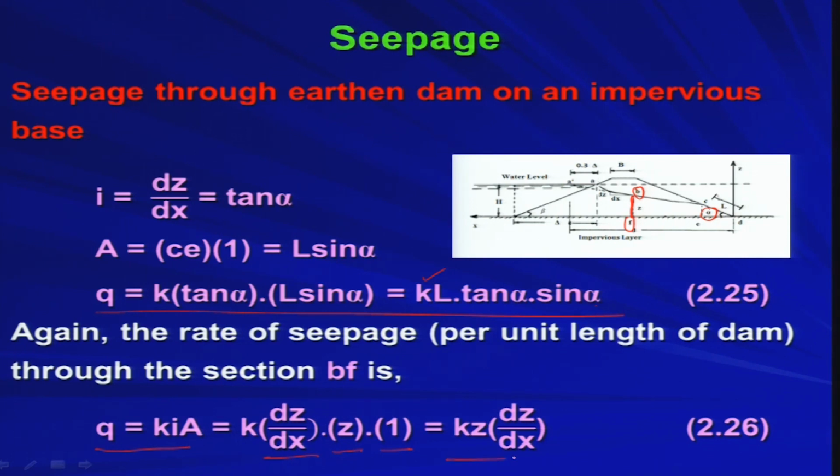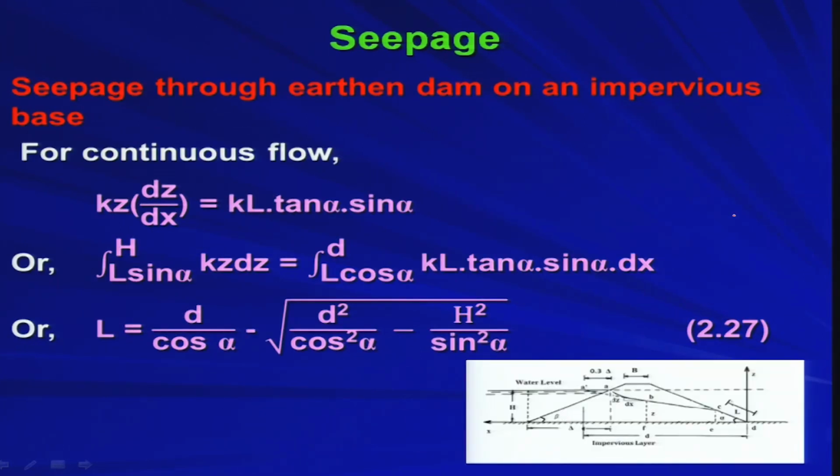So, I get the expression k z dz/dx. That is the rate of seepage at any section BF, which is some distance away from point D.